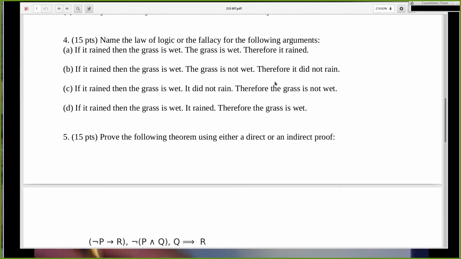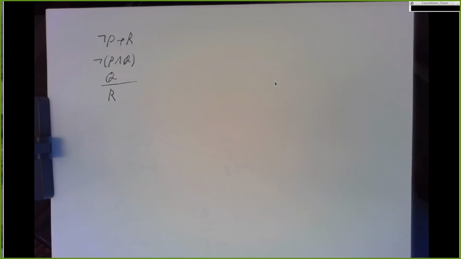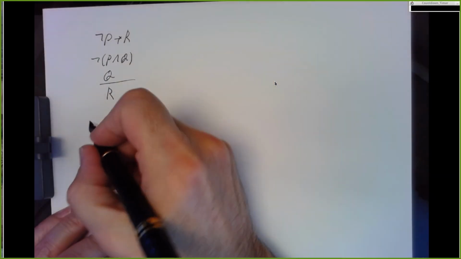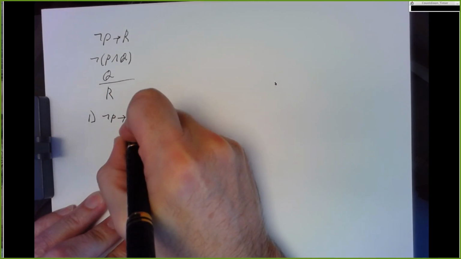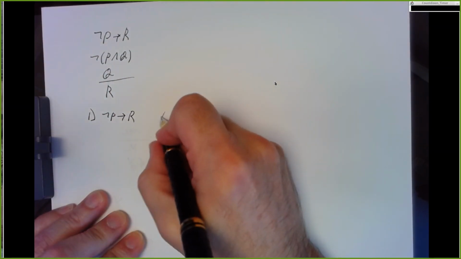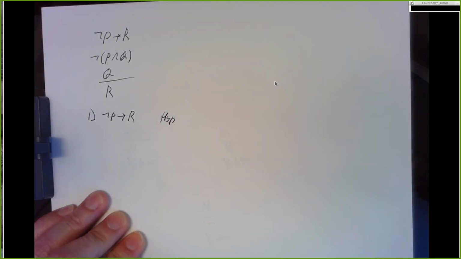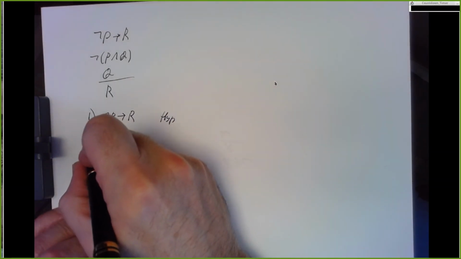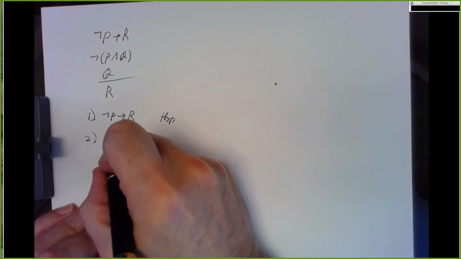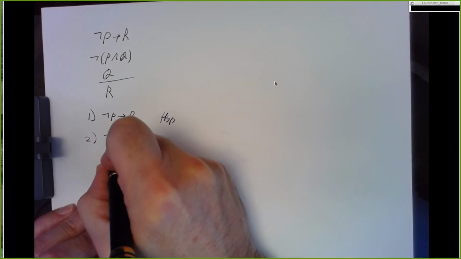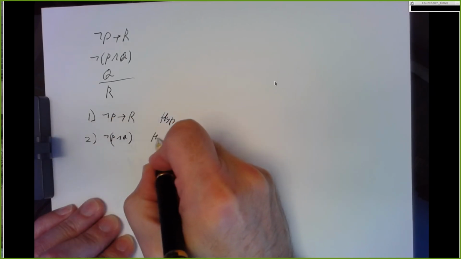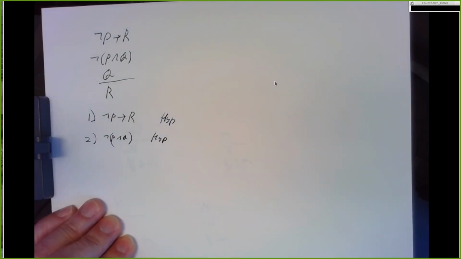All right, so we want to prove this theorem. So let's look at a direct proof. So let's start with some hypotheses. Not P implies R. And I'm going to say not P and Q. So that's a hypothesis also.